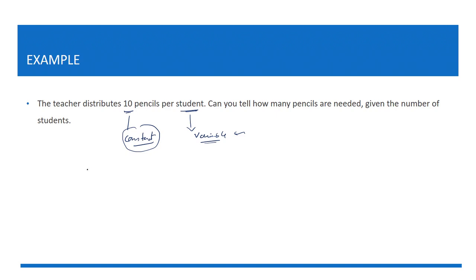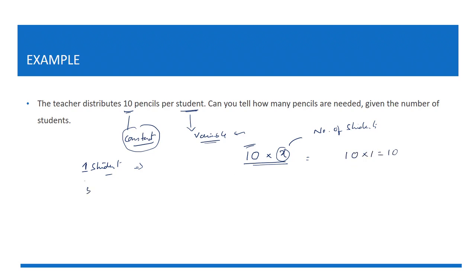Suppose a teacher wants to distribute to only one student, then the expression can be written like this: 10 into x, where x is the number of students and 10 is the constant. Now with only one student, substitute 1 for x. How many pencils does the teacher require? 10 into 1 is 10.